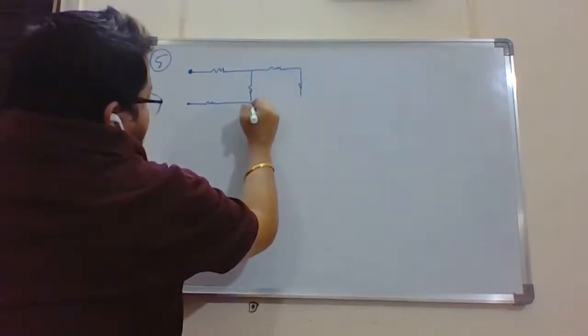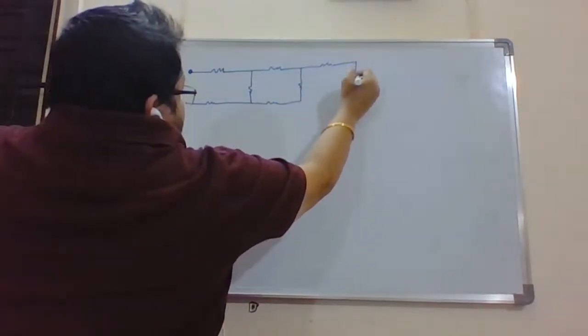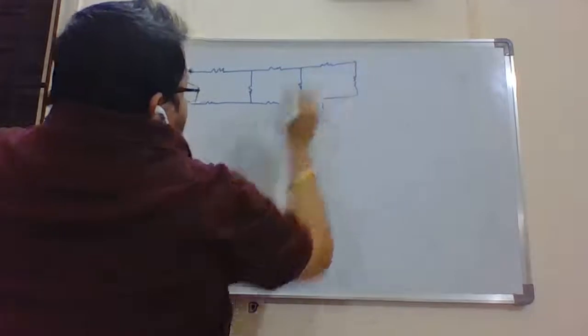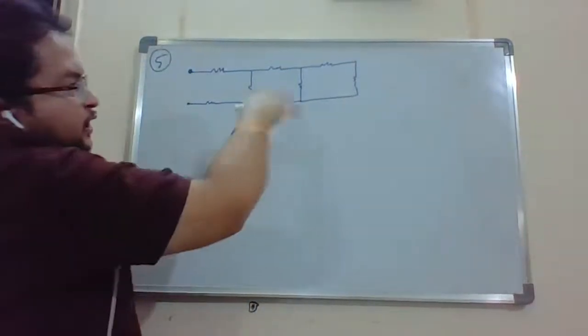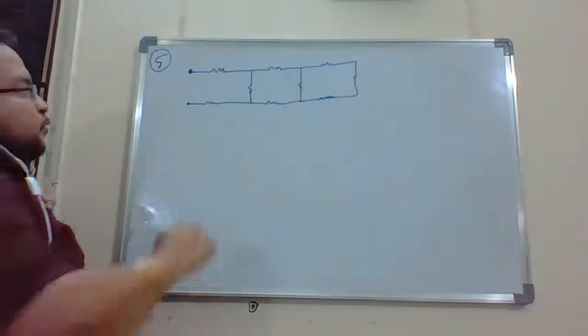Now here I am putting resistors all the way. Okay, let us just do this much. This is good enough, and you can keep repeating it to whatever number of loops that you want to do.